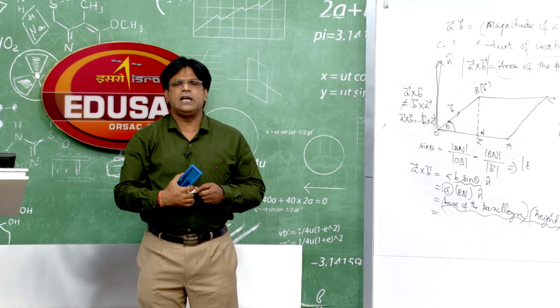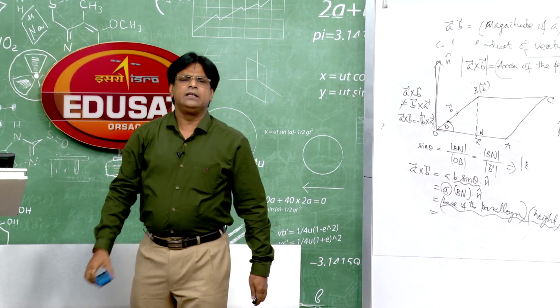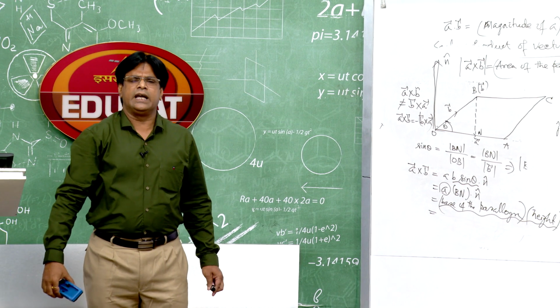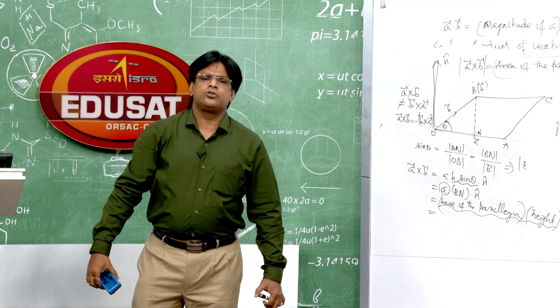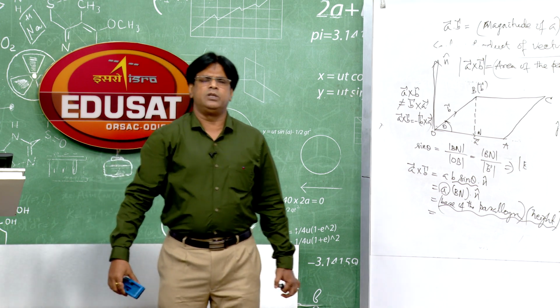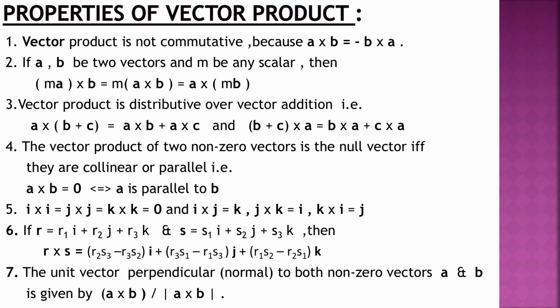Similarly, if A and B are two vectors and M is a scalar, then M times A cross B can also be written as M into A cross B, which is also equal to A cross M into B, where M is a scalar. Similarly, vector product is distributive over vector addition.